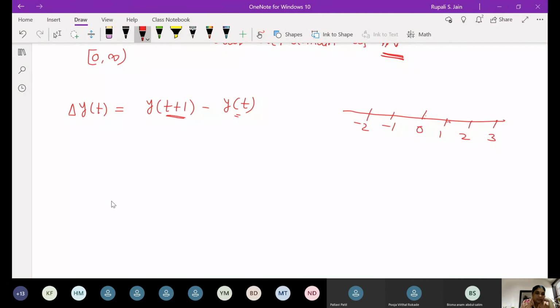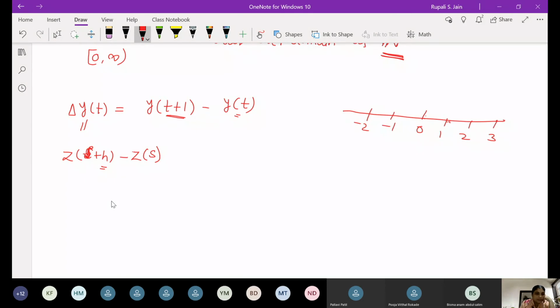Okay. But I can define this with any step size also, like z at s plus h minus z at s also I can write. Delta y of s I can write as z of s plus h minus z of s also, where h will be any constant.